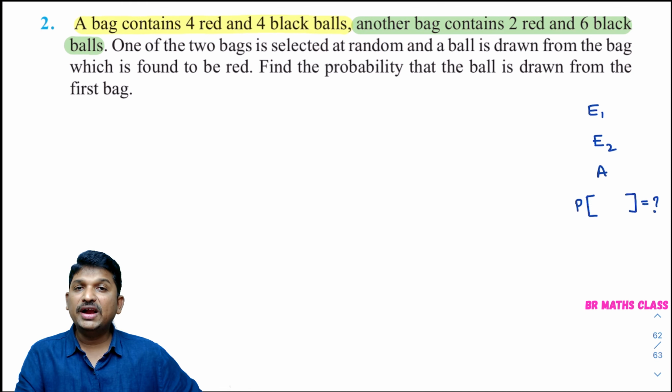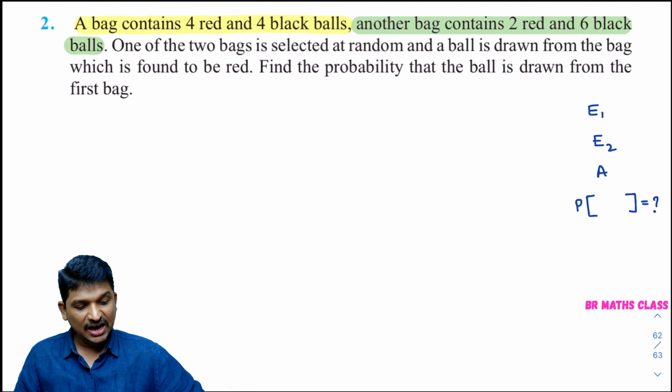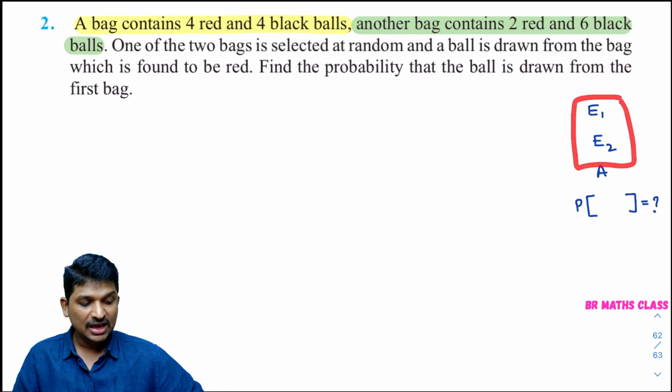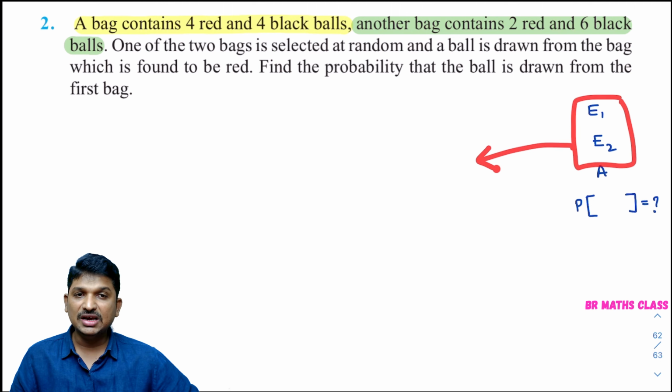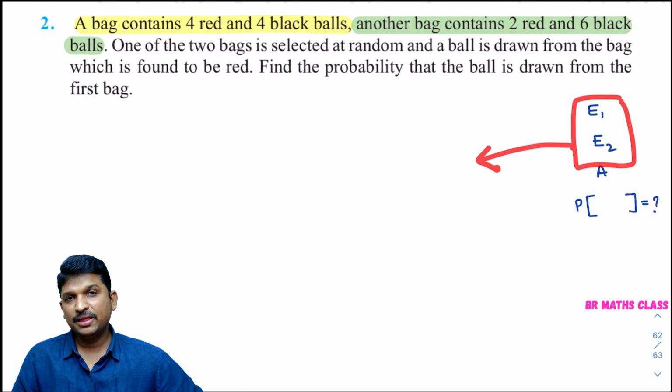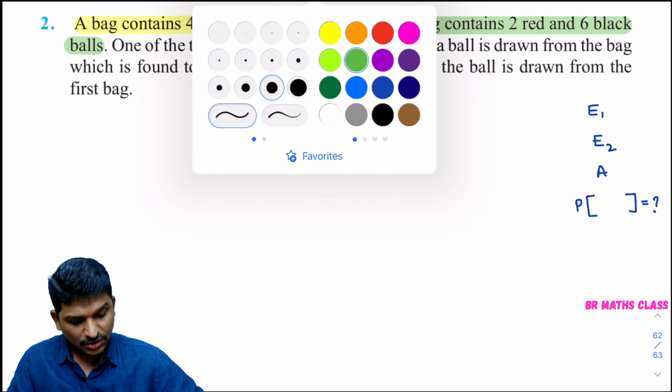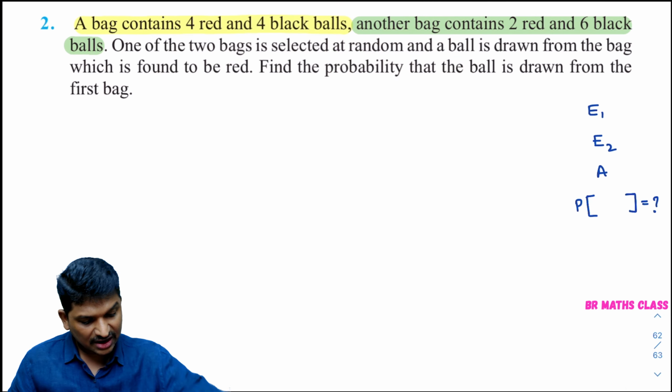Okay, how to identify Eis? What is E1, what is E2, what is E3? How to identify what the Eis are? Listen to this carefully. What they are asking in the question, from that only we will identify the Eis. You please focus on what they are asking in the question.